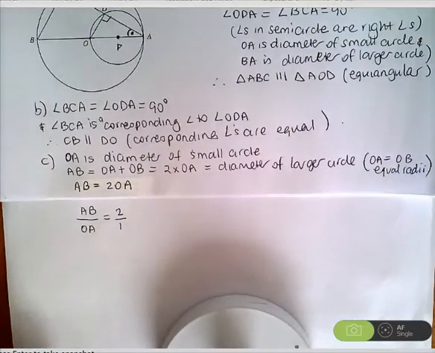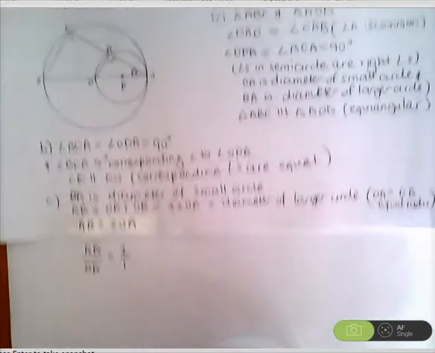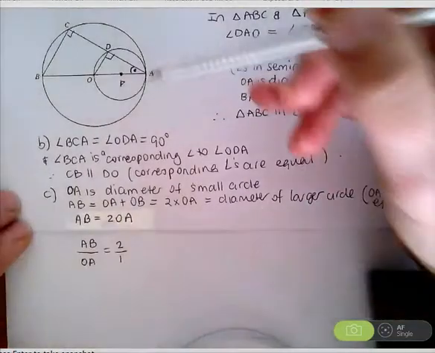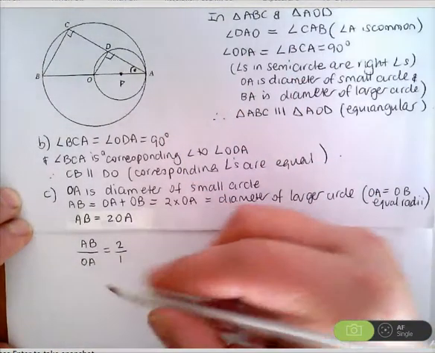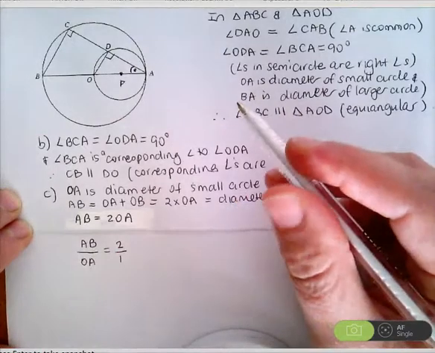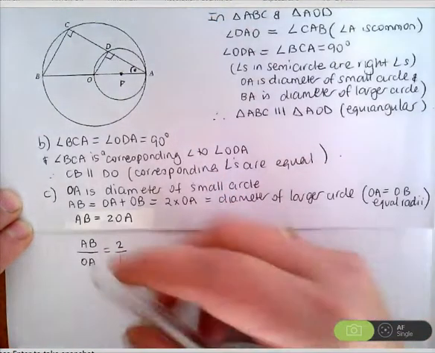Now, because we know that triangle OBC and triangle OAD are similar, we know that the ratio of corresponding sides will be in the same ratio. Now we're trying to show that BC is 2 times DO.